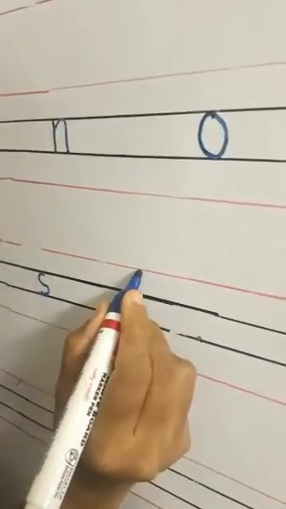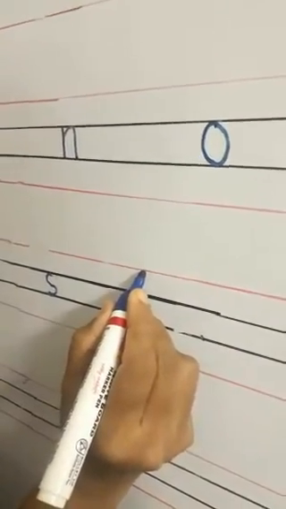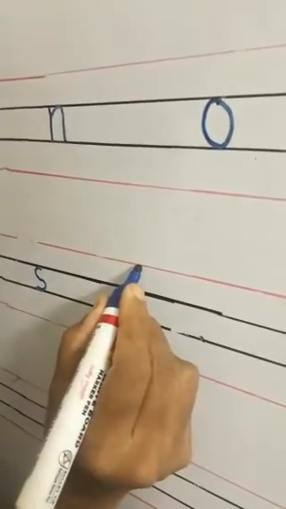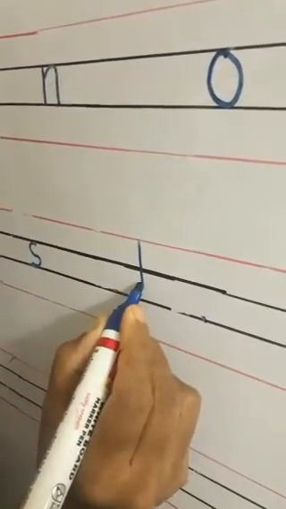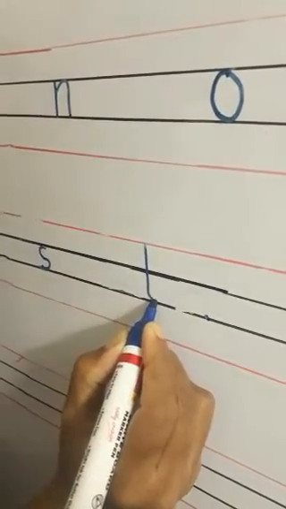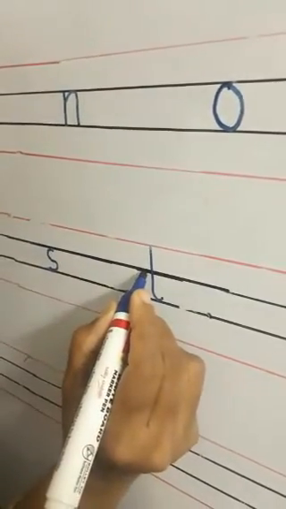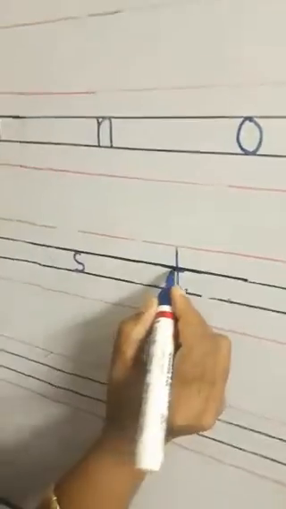Okay, for writing T, we have to start from the top and draw a standing line with a small curve and go to the middle and draw a small sleeping line.